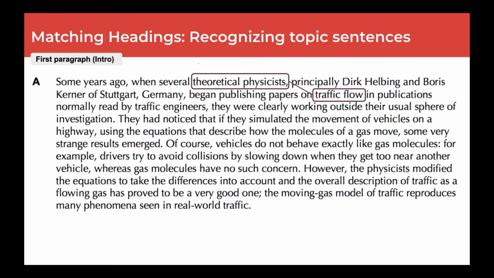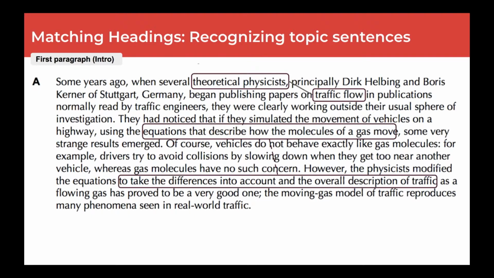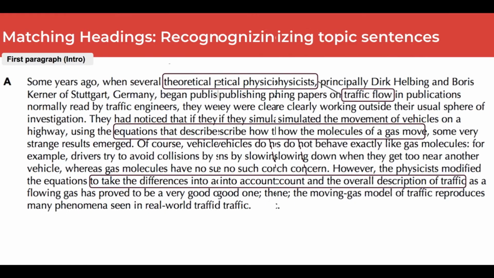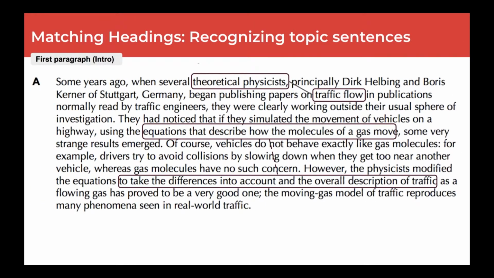This is a bit too general, which means that probably as we read further, the paragraph will focus the content more. As I read the next sentence, I learned that this theoretical physicist applied the equations that describe how the molecules of a gas move to explain traffic behavior. So this is a bit more focused.